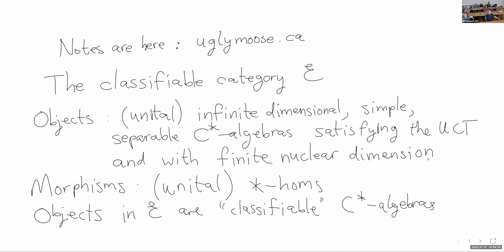But it's crucial for me to include this for reasons that I will get to also today. All right, and the reason I put unital in parentheses here is that a lot of what I'm going to say throughout this mini course applies also in the non-unital setting. Things are quite a bit more complicated there, and I don't want to get into that. So for simplicity, the vast majority of the time I will be assuming that things are unital. Let me just say that in the non-unital setting, you often demand some extra conditions.